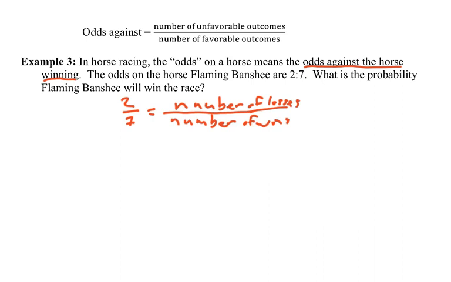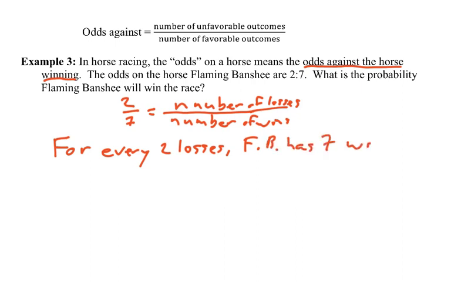So if I state this incredibly casually, what I'm saying is basically for every 2 losses, Flaming Banshee, I'm going to abbreviate, sorry, has 7 wins. Now let's make this super casual. The question is, what is the probability that Flaming Banshee will win?